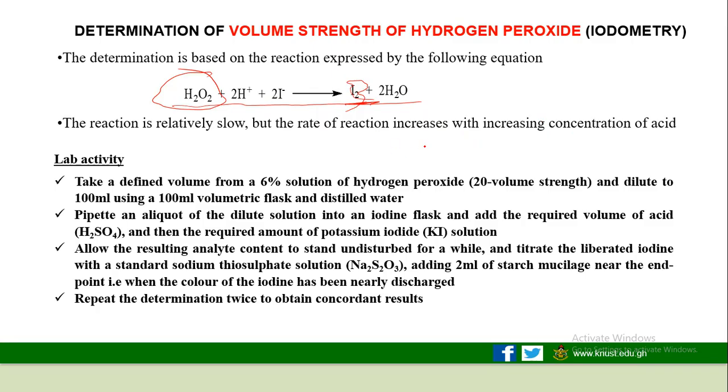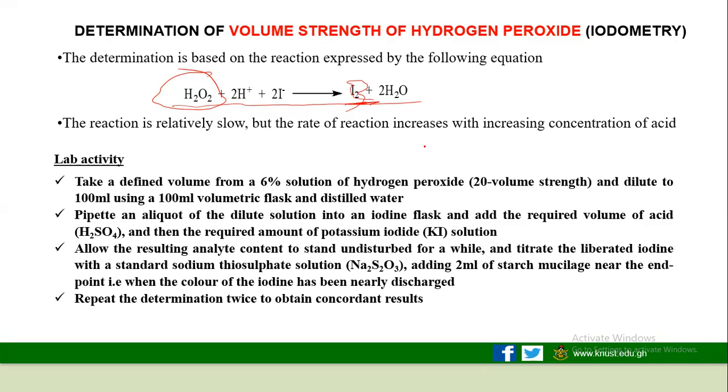Lab activity. Take a defined volume of a 6% solution of hydrogen peroxide, 20 volume strength, and dilute to 100 ml using a 100 ml volumetric flask and distilled water. Pipette an aliquot of the diluted solution into an iodine flask and add the required volume of acid, H2SO4, and then the required amount of potassium iodide solution.